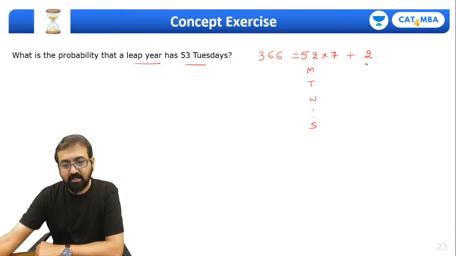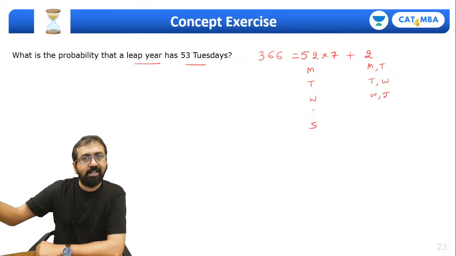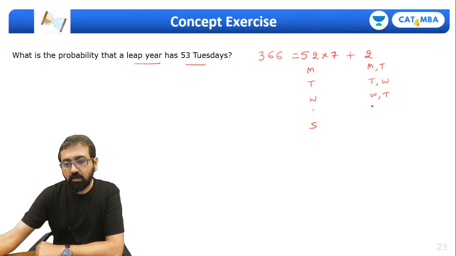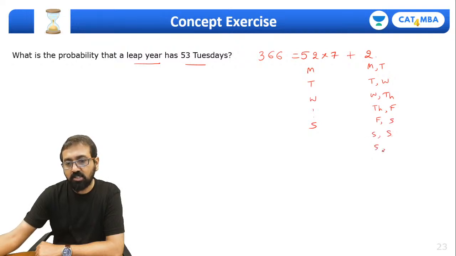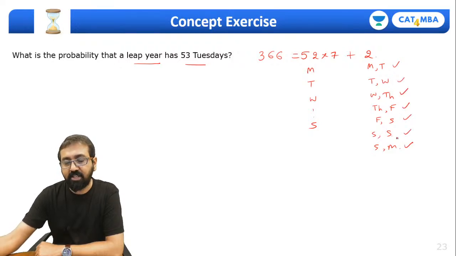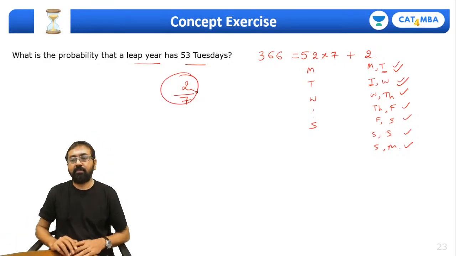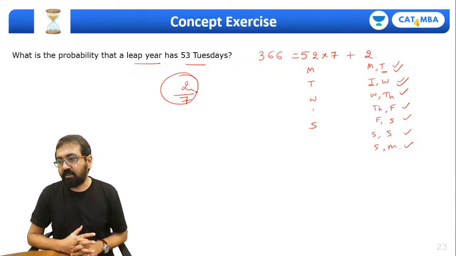Now these 2 extra days can be either Monday, Tuesday or Tuesday, Wednesday or Wednesday, Thursday, because they will be 2 successive days, they cannot be 2 random days, and Thursday, Friday or Friday, Saturday or Saturday, Sunday or Sunday, Monday. So how many cases are there? 1, 2, 3, 4, 5, 6 and 7. Out of the 7 cases, can I say in these 2 cases I am getting an extra Tuesday? So the required probability is 2 by 7.